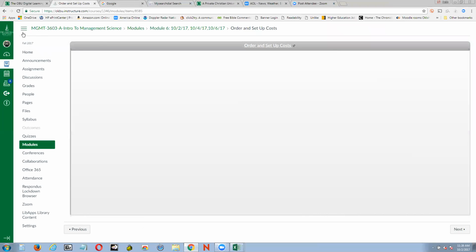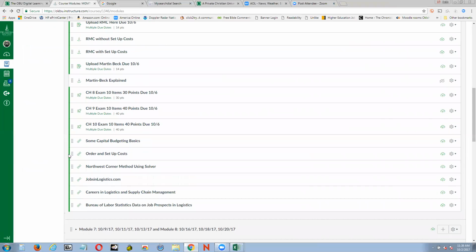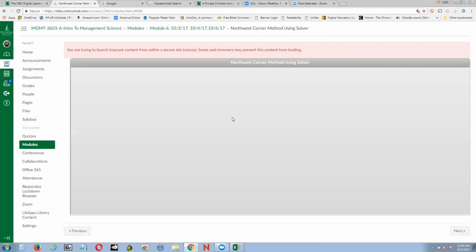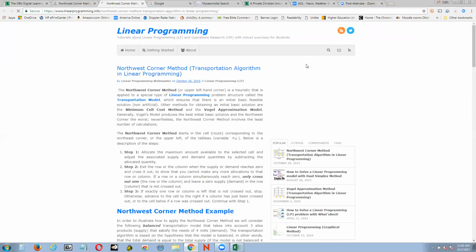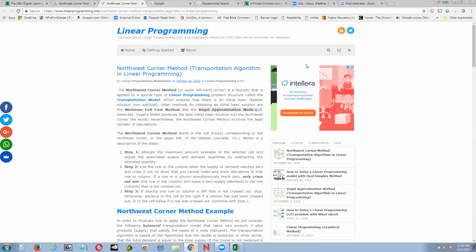Now, the other resource that I want to encourage you to take a look at, okay, here is a classic model in the Northwest Corner method. Now, let me say this: operations research, management science, logistics are terms that are often used interchangeably.